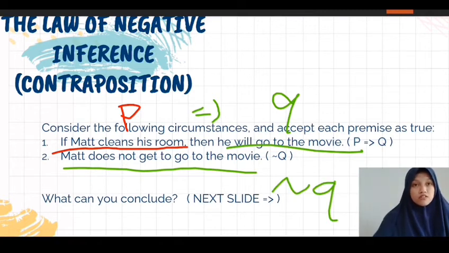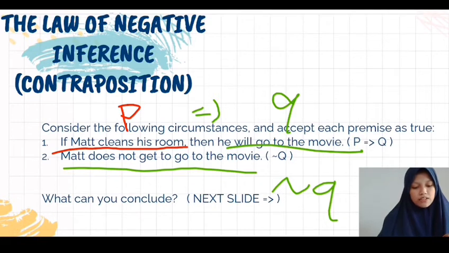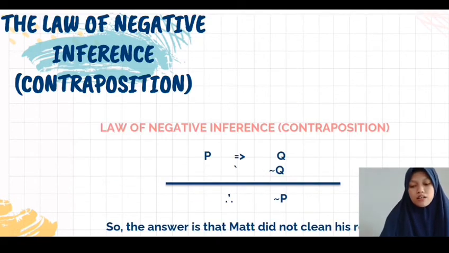So the question is, what can you conclude? You should have deduced that Matt did not clean his room. If he had, he would have gone to the movie.